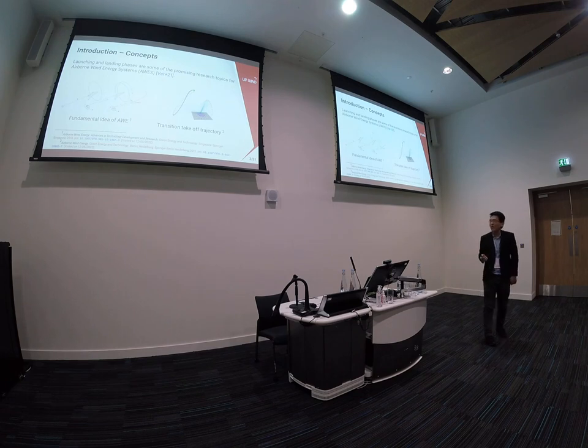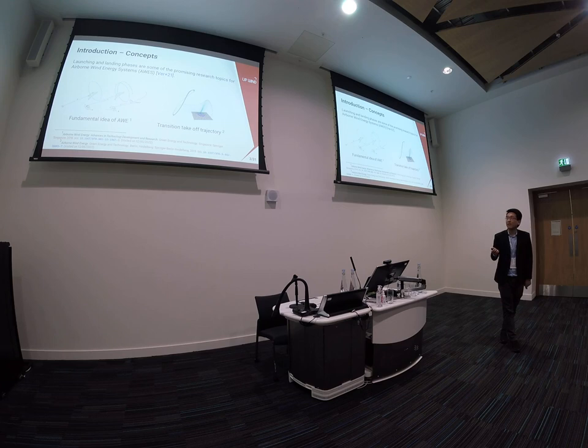As we already know, launching and landing phases are some of the most promising phases in airborne wind energy systems. In the figure here you can see the fundamentals of an airborne wind energy system. We have the kite rolling in and rolling out to generate energy. And on this figure, you should see the transition from taking off to the pumping cycle.